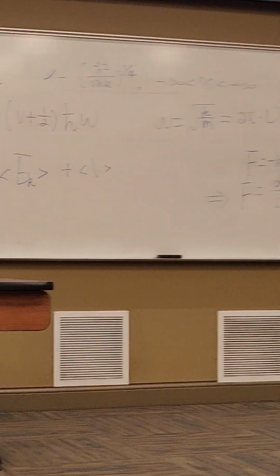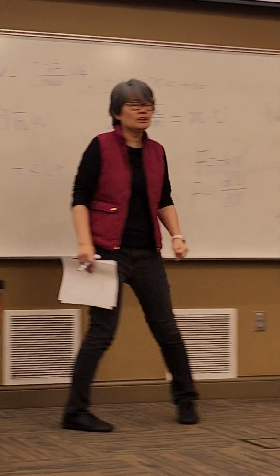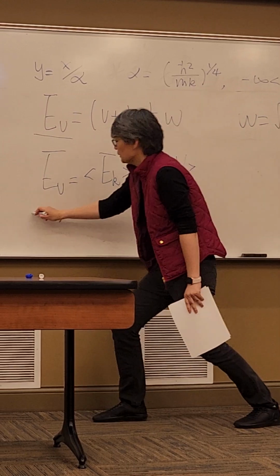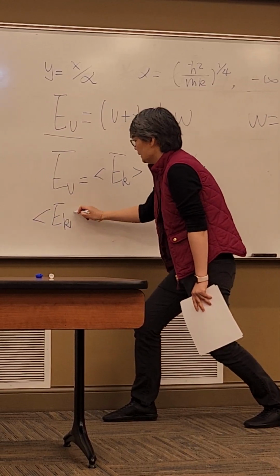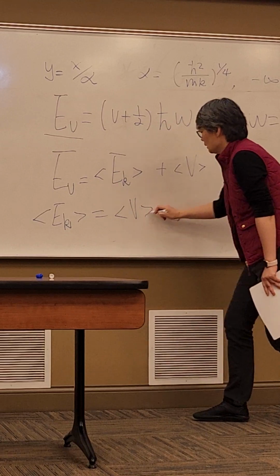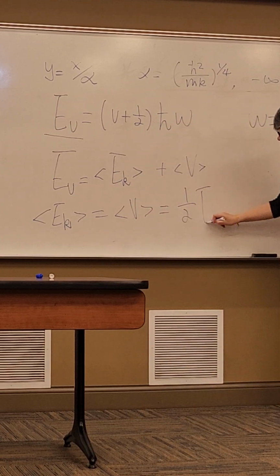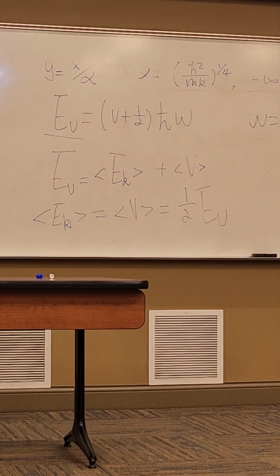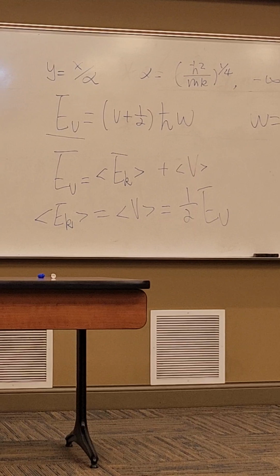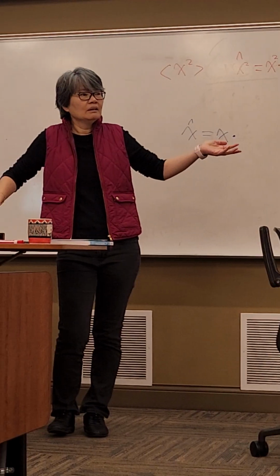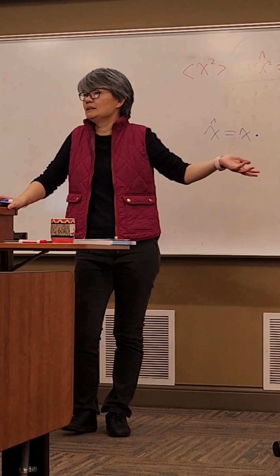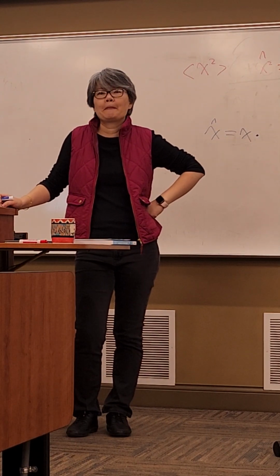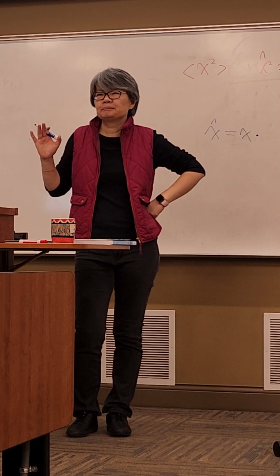If I want to calculate the average for kinetic energy or potential energy, if I know the state of the system, plug in B equals 2, and it equals half of that total energy. Does that make sense to you?